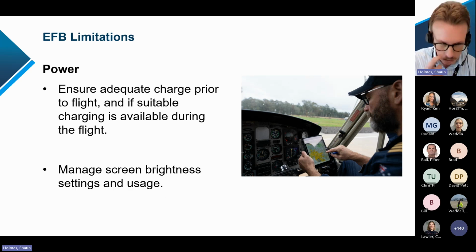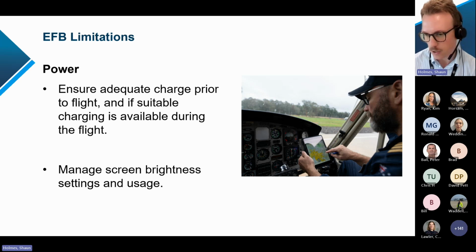So we need to consider a couple of things here. It's important to consider having enough charge prior to the flight that you're going to undertake, and determining how long the flight is and how much charge you might need, keeping in mind that if you do have the ability to charge an EFB during the flight in the aircraft, generally speaking, the rate that an aircraft can charge the EFB is not sufficient to maintain the charge.